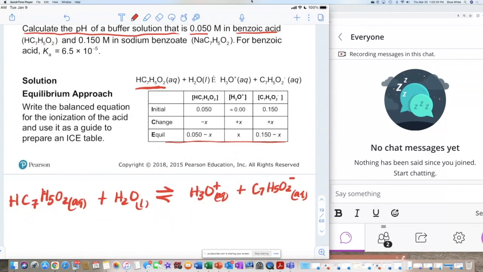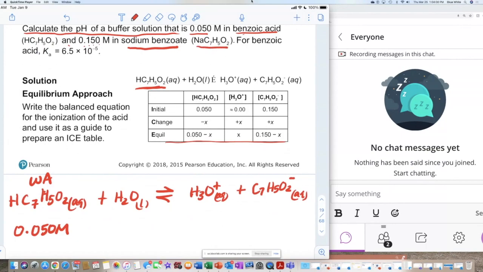Okay, so I'm going to read the rest of the question. It says, calculate the pH of the buffer solution that is 0.050 molar in the weak acid, benzoic acid, and 0.150 molar in sodium benzoate.